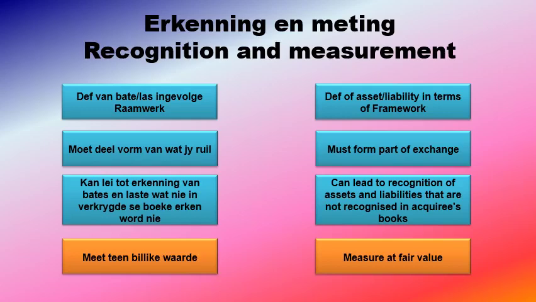It might be worth noting that according to IFRS 3's rules, it could lead to the recognition of assets and liabilities in the books of your group financial statements that you would not have necessarily been able to recognize in the company's own financial statements. And then lastly, very important for us to remember, when we bring in the assets and liabilities on consolidation into our books, we have to measure those assets and liabilities at their fair value at the acquisition date.